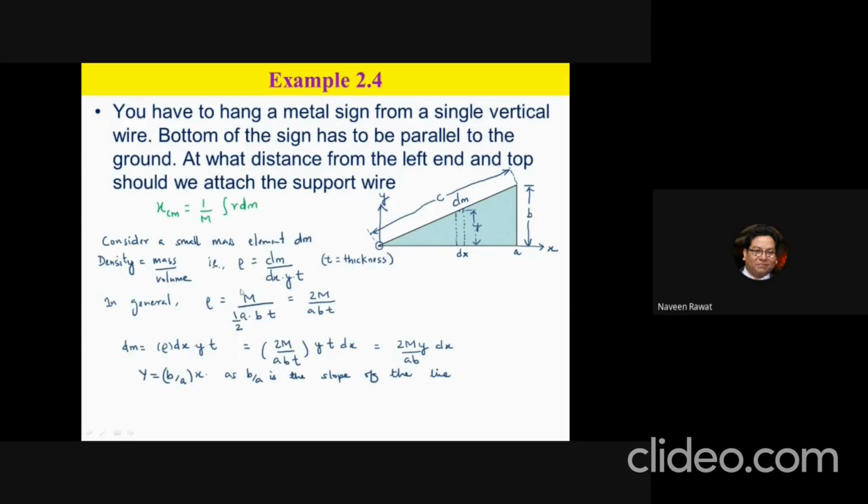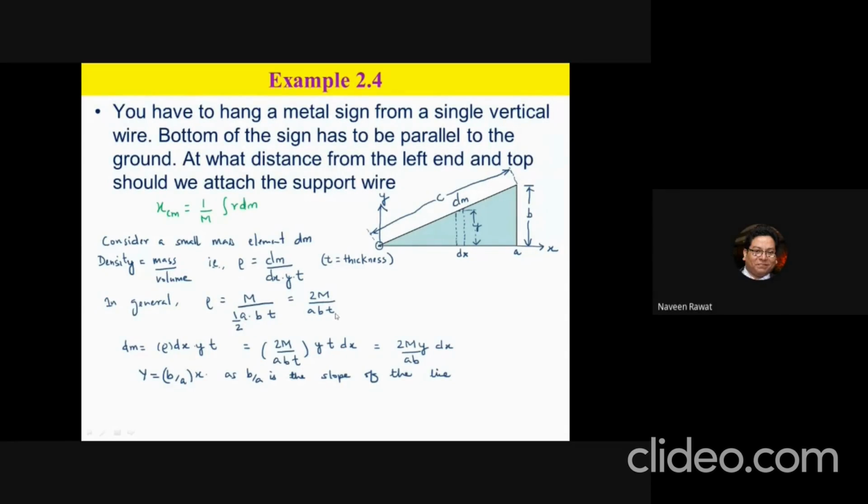You can consider the entire mass, and then you have to consider the entire volume. If we represent the length on the x-axis as a and the length on the y-axis as b, and the same thickness t, then you can write the density as the total mass divided by total volume, which will be just 2m by a times b times t.